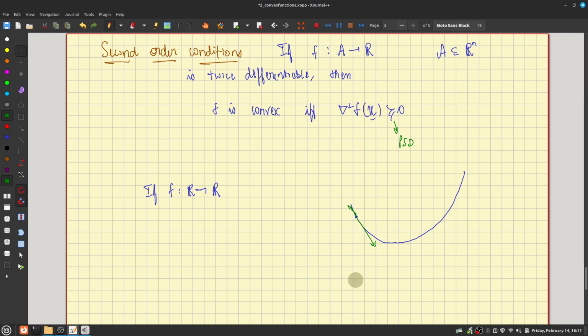So it should start gradually increasing at some point, and once it increases, it has to keep increasing. So it's never possible for the function to decrease and then increase and then decrease again. Once the function starts increasing, it can only increase, it can never decrease. So that's one way of intuitively thinking about the second derivative test or the second order conditions for convexity.